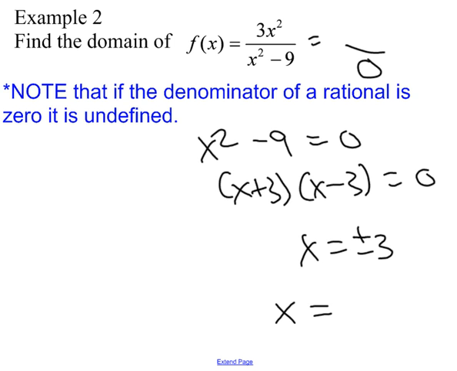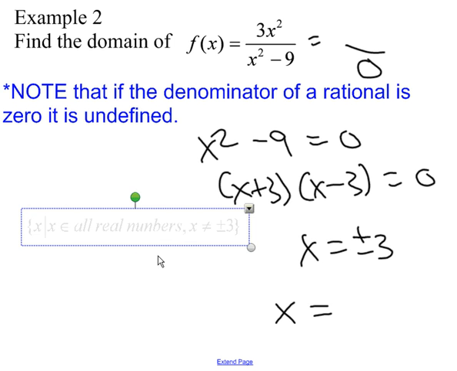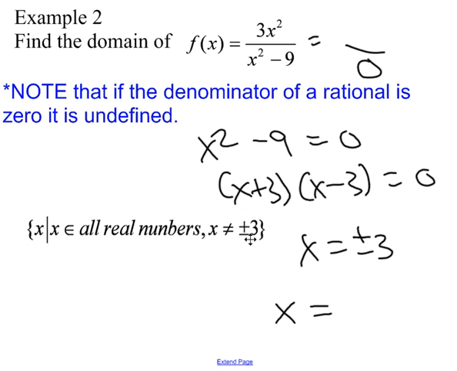So x cannot be plus or minus 3. So what's the domain? The domain is all real numbers, but x cannot be plus or minus 3 because that would mean you have a 0 in the denominator, which you cannot have in a rational function because that makes it undefined.